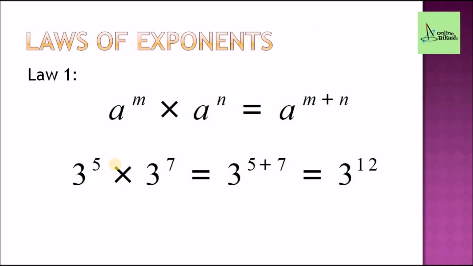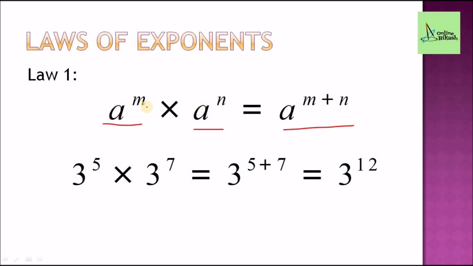So this is law 1, and in this law you have seen a to the power m into a to the power n is equal to a to the power m plus n. What does it mean actually?